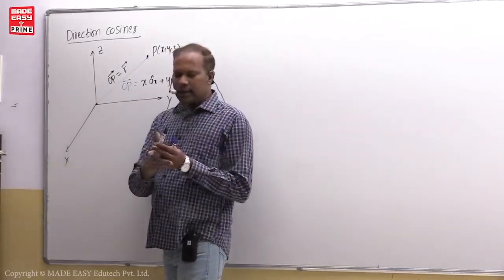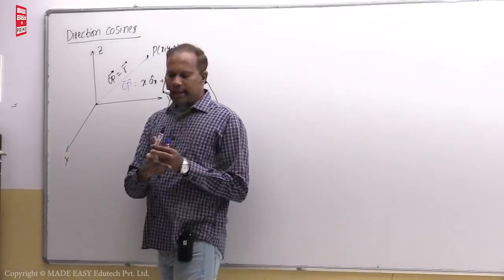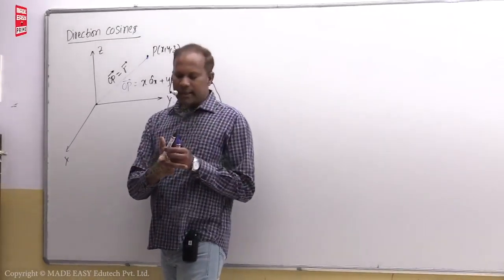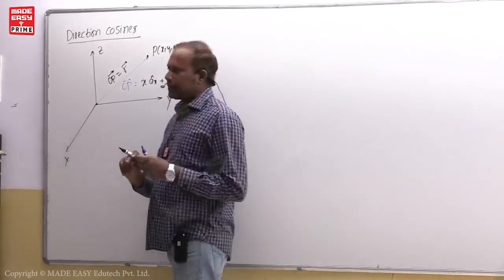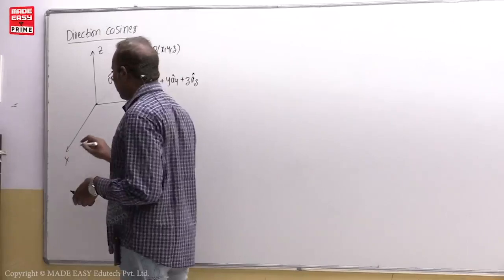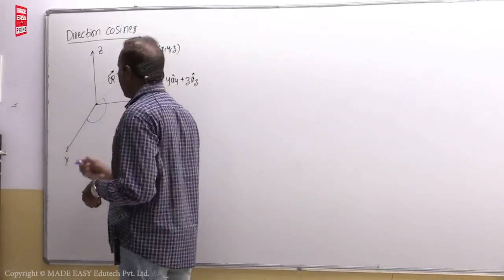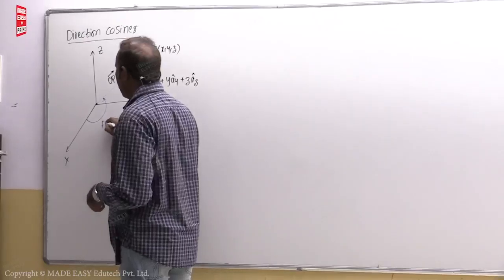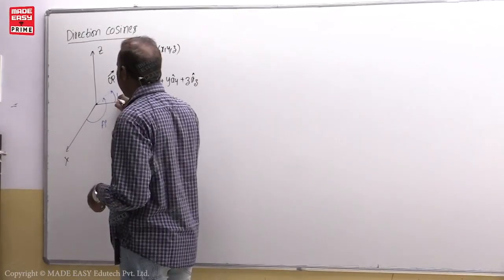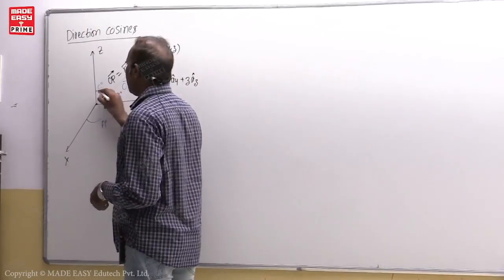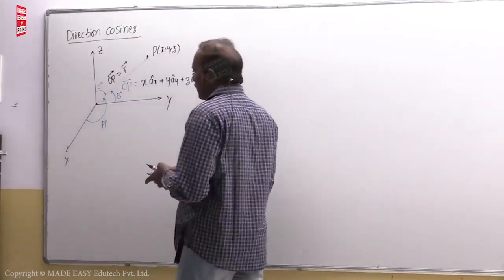Now let us say this OP bar makes A degrees angle with the x-axis, B degrees angle with the y-axis, and C degrees angle with the z-axis.